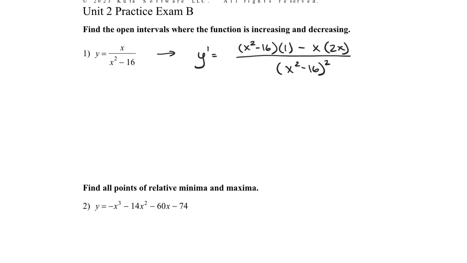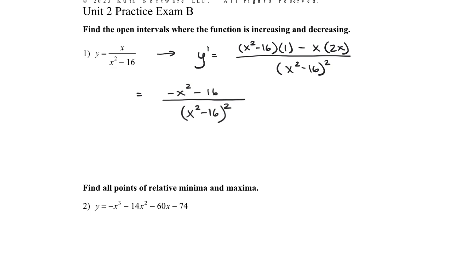Now, if we combine some like terms here in the numerator, we're going to have x squared minus 16 minus 2x squared. So that's negative x squared minus 16 over x squared minus 16 squared.